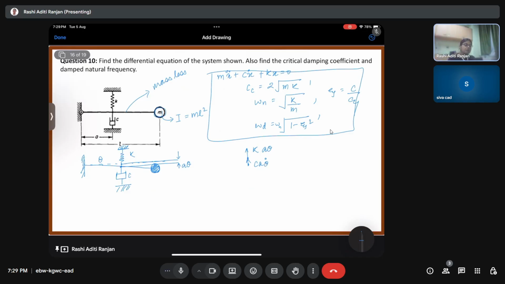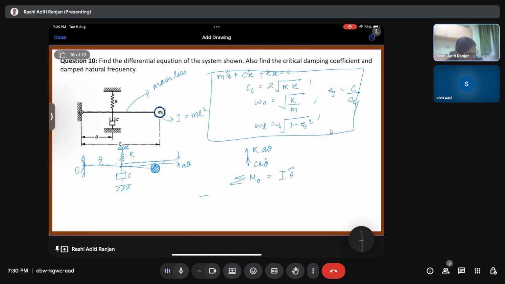Now, since we are considering the angular movement, we need to find out how much of the moment it is applying at this point. We are considering it as a point with respect to which we'll be calculating the moment. So we know that the summation of all the moment about O is going to be equal to I theta double dot.